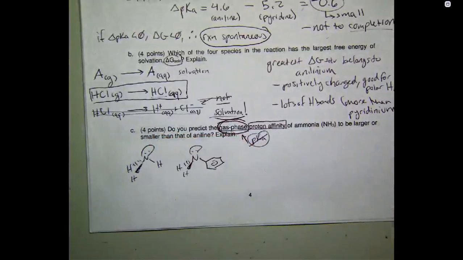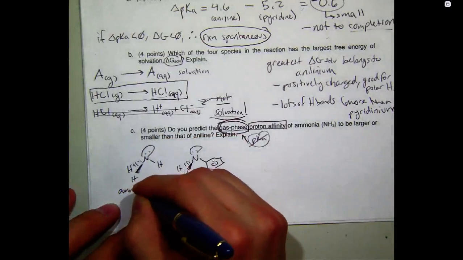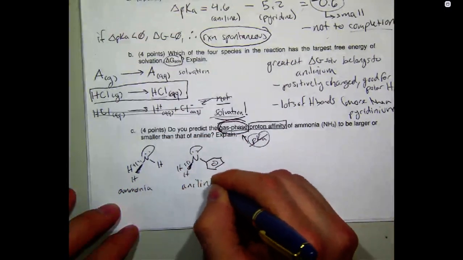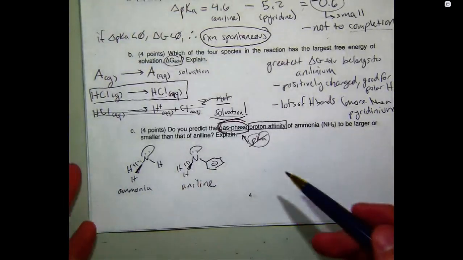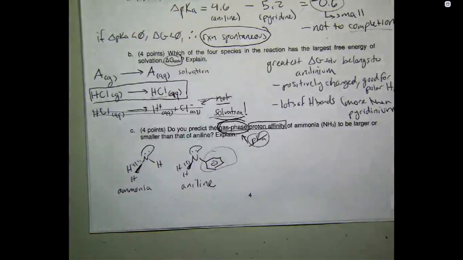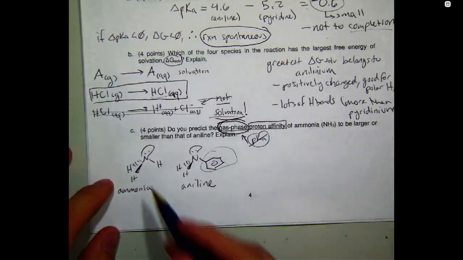All right, so these are looking pretty similar, right? When we compare these two, we see if we can find any differences between them. Obviously, the only difference between these two molecules is this phenyl substituent on aniline that doesn't exist on ammonia.